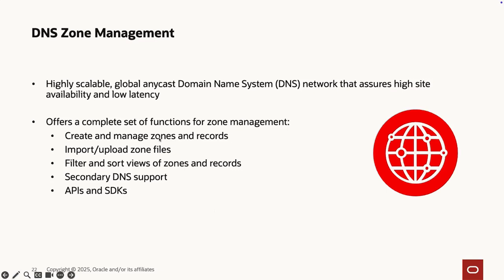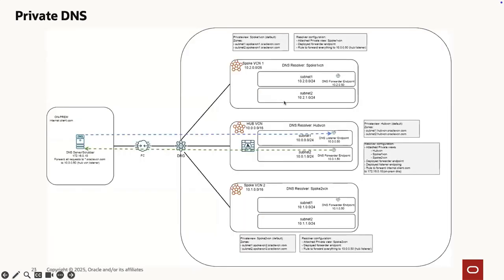As mentioned, you could do a public DNS, so that's creating zones with publicly available domain names reachable from the internet, and that you will need to register with a DNS registrar, versus a private DNS, which you can also create. That'll provide the host name resolution for applications running within your virtual cloud networks or between virtual cloud networks. We'll take a look at private DNS here next.